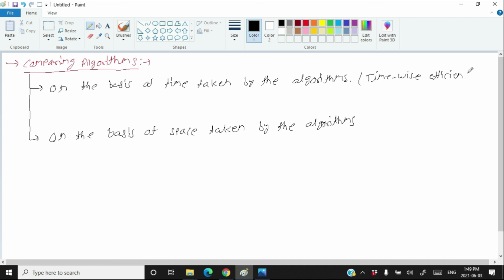And this is called space-wise efficiency. Space-wise efficiency means how much memory, how much RAM, the algorithm takes to execute. A good algorithm takes less time and less space to execute.